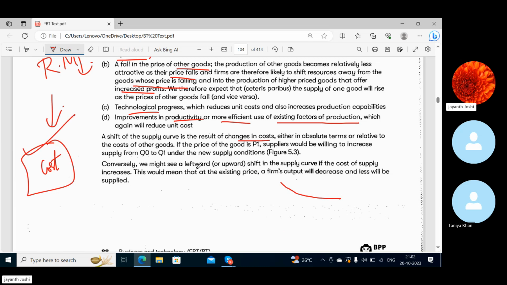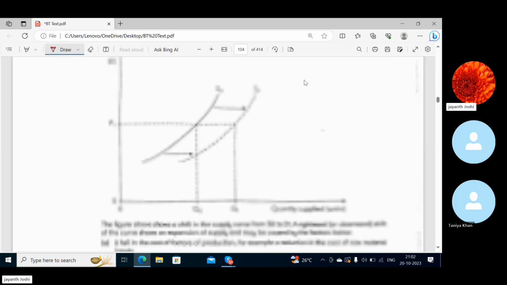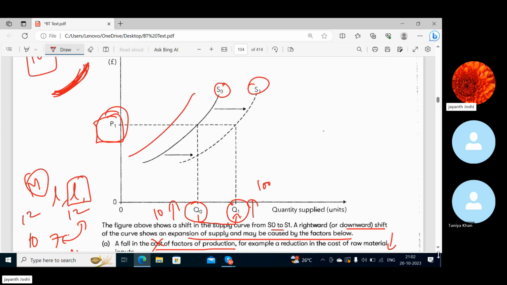So we might see a leftward or upward shift in the supply curve if the cost of supply increases. This would mean that at the existing price, firms' output will decrease and less will be supplied. I already explained this by making a diagram here. If the shift in the supply curve is rightwards, the cost is less, they will supply more. If the shift is leftwards, the cost is more and they'll supply less.